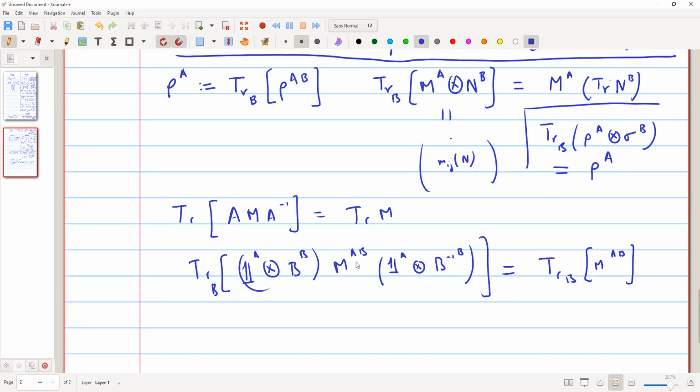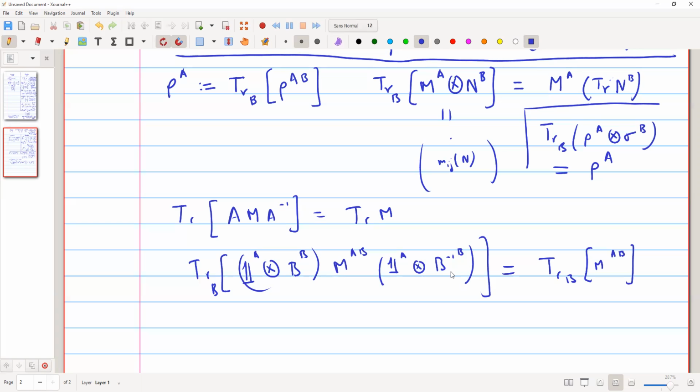Now suppose I want to do a basis change on B. What will be the matrix with respect to the new basis? That will be a similarity transformation. I'm only doing a basis change on B. I'm not doing anything on A. So that similarity transformation is captured by multiplying on the left by this matrix, which is identity on A, Kronecker product, the change of basis on B, and on the right, the inverse of that, identity on A, Kronecker product, B inverse.